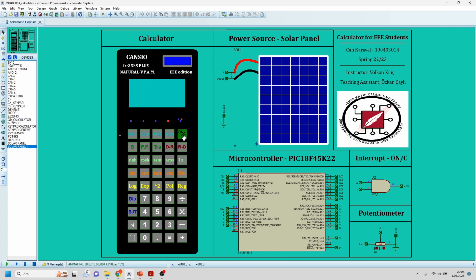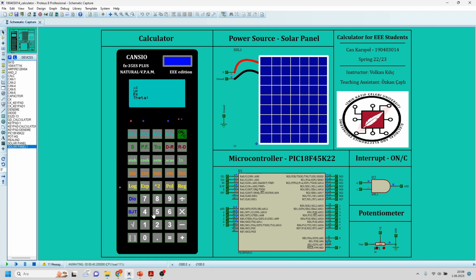We can continue with logarithmic functions. Log and ln. Besides these functions, we can make complex number conversions with the help of our calculator.